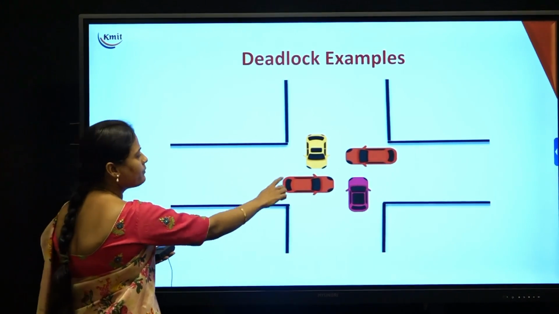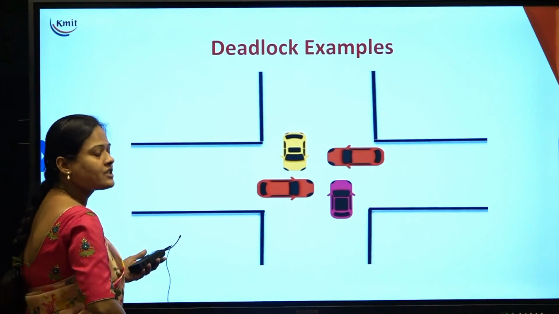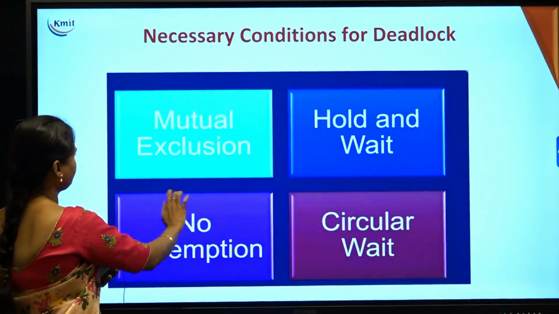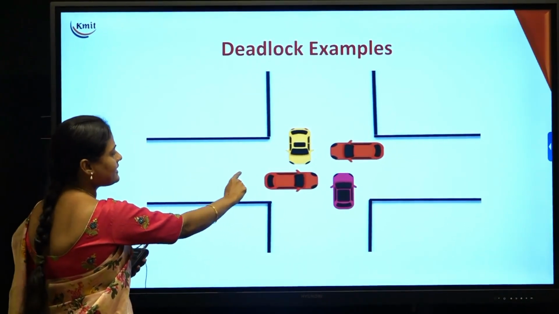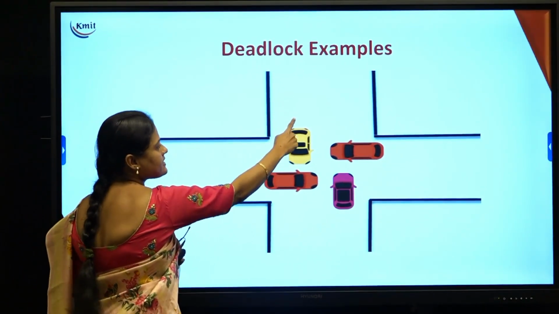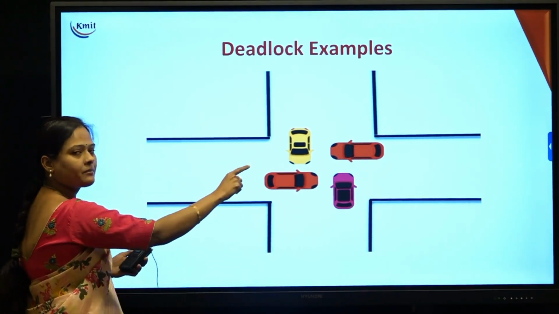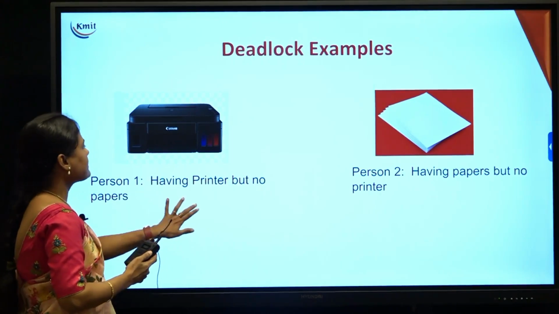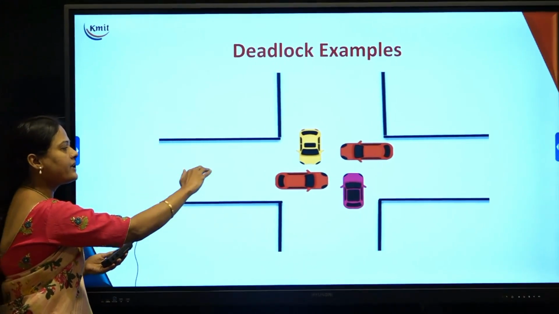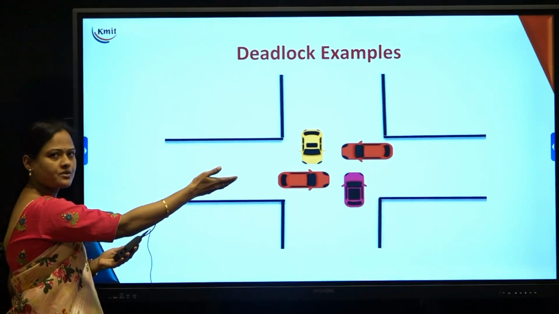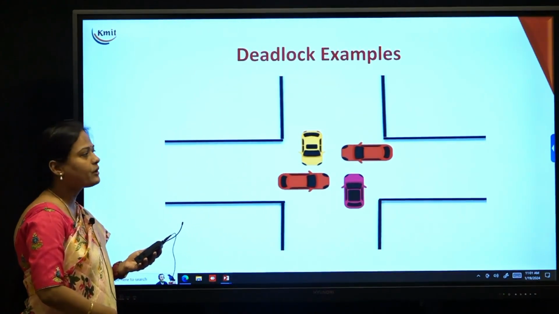Similarly, consider this example where you have these 4 cars, which are your processes. Each of them is using a resource. This lane pertains to this particular car, this lane to this one, and this lane to this other car. So these lanes are your resources and the cars are your processes. Now, if all of them want to use the other resources that are available, you may encounter a traffic jam, which is an example of a deadlock here.